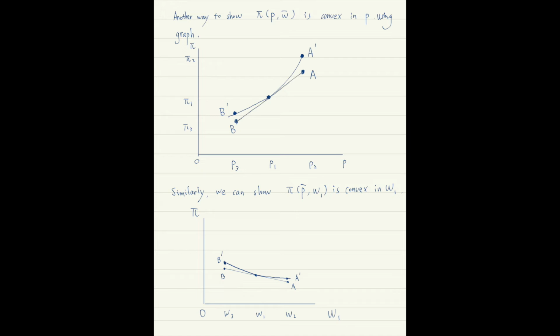But actually, the firm will do something. It will adjust its inputs and increase its output to maximize its profit. So the profit will be more than double. It will be higher than point A. It could be at the point A prime.